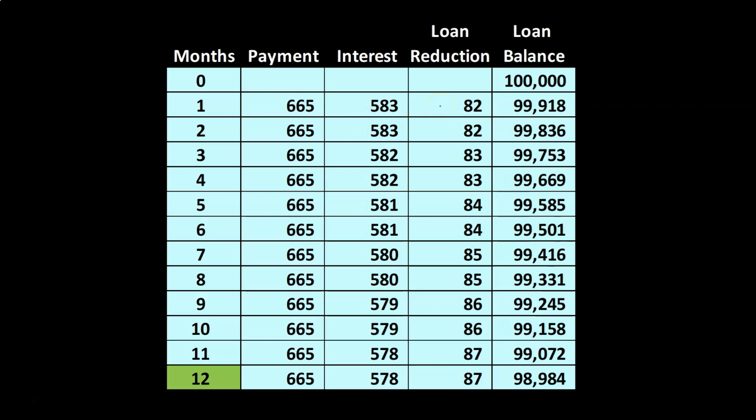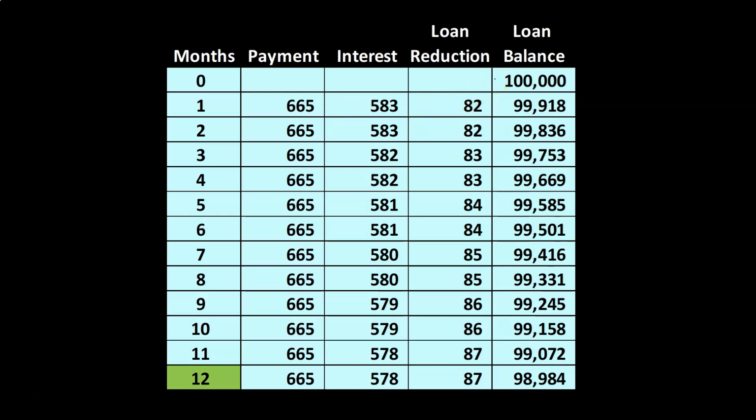So what we have here is we could see that we have the $100,000 of the first payment. We have the payment that's going to be fixed at the 665. The interest is calculated at about, we took off the pennies, 583 here. So that's going to be what the interest has accrued to be. We're making a payment that is greater than the accrued interest, and therefore the difference between the two is the reduction in the loan.